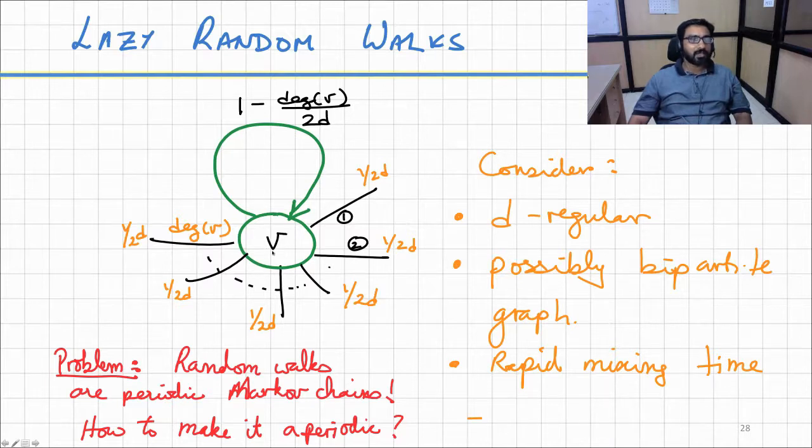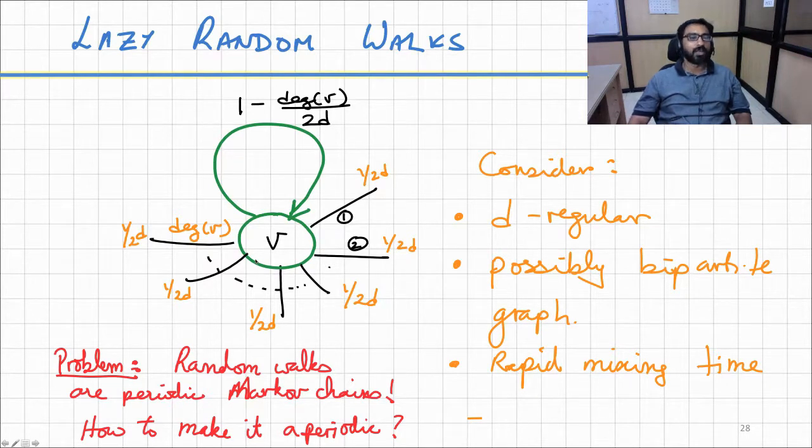But this leaves us with some remaining probability, namely 1 minus the degree of V over 2d. So this is the probability that has been exhausted by considering all the edges incident at V. So 1 minus that is the remaining probability, and with that probability we're just going to remain in the vertex V. So you can see why such a random walk is called lazy, because there's a probability of at least half that the walk will actually stay in the same vertex.